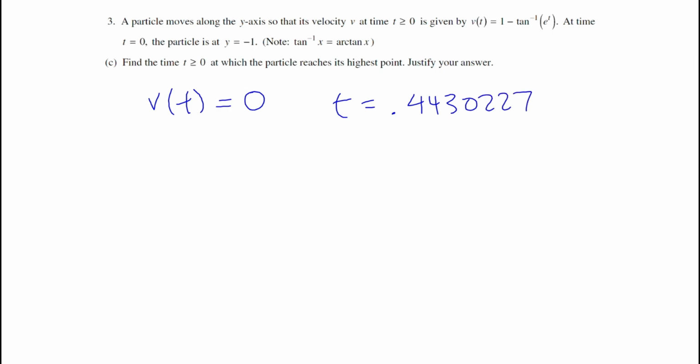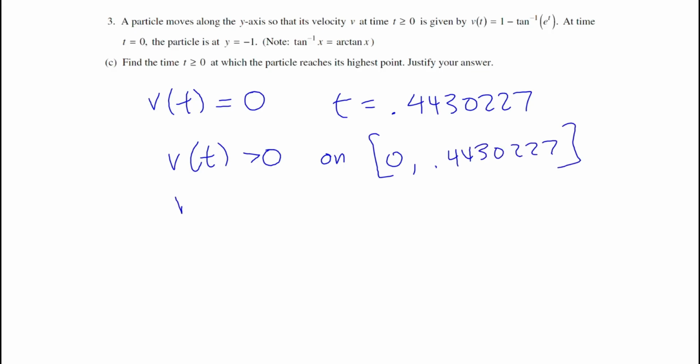So that's when our velocity is equal to 0. And we saw in the sign chart that v of t was greater than 0 on 0 to 0.443027, and then v of t was less than 0 on 0.44302227 to infinity.